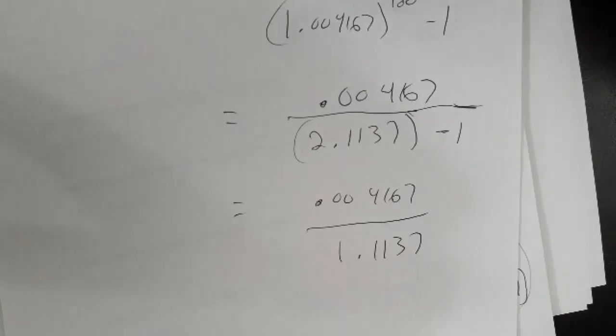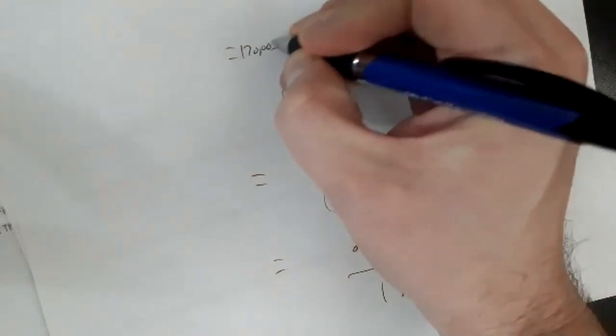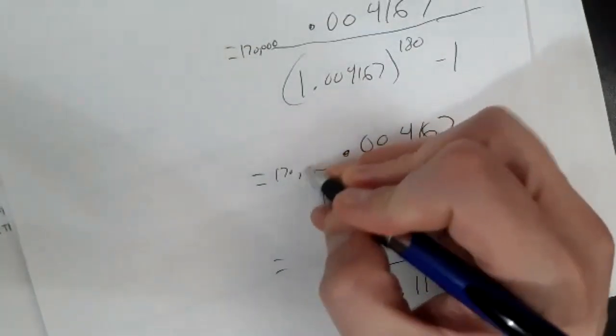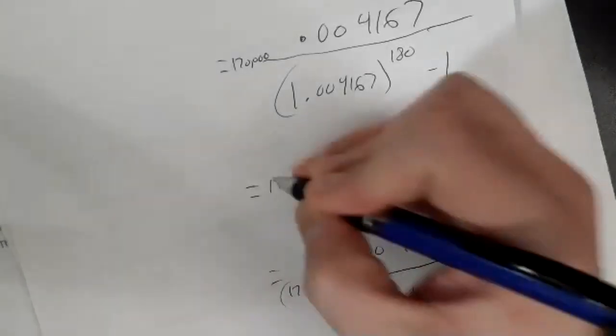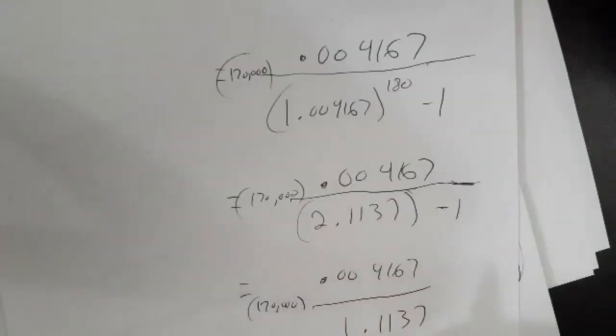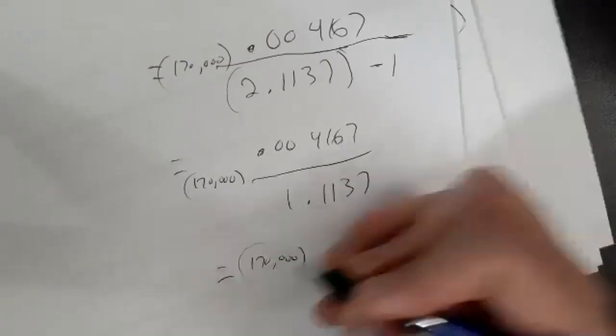Now I take 0.05 over 12 to divide that thing. Ooh, I missed my number off of here. My 170,000, I dropped it off somewhere along the line. I was like, that seems really low.